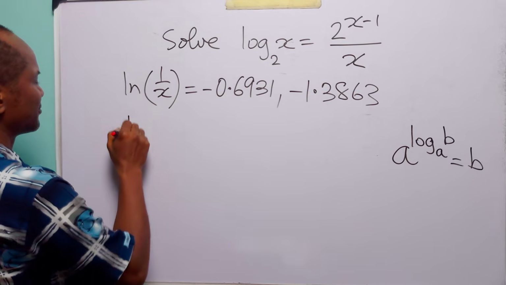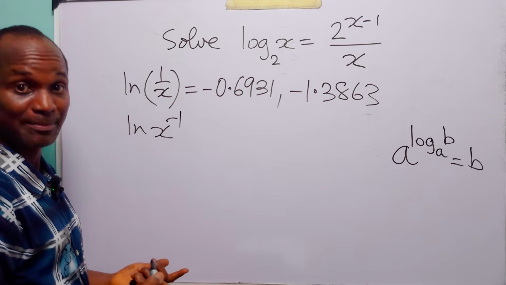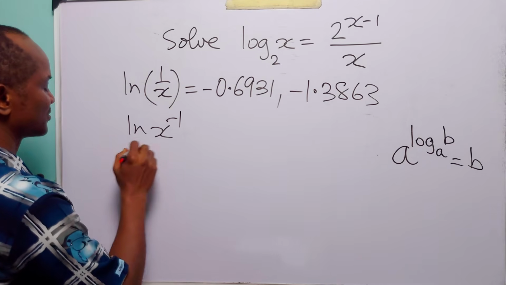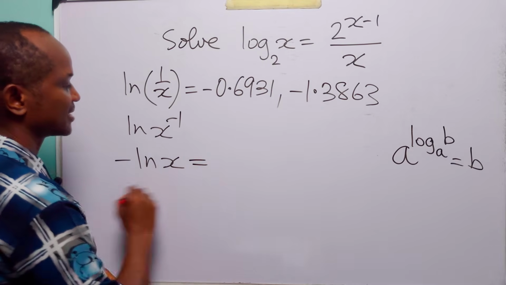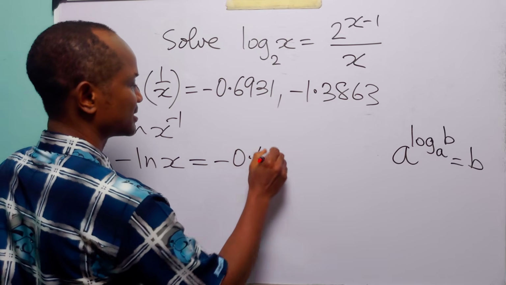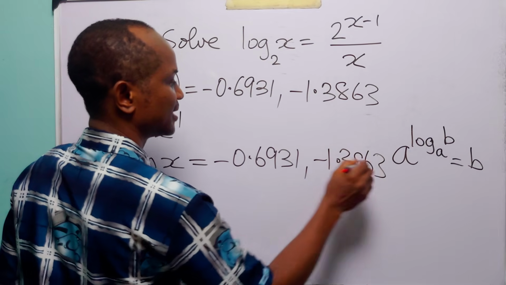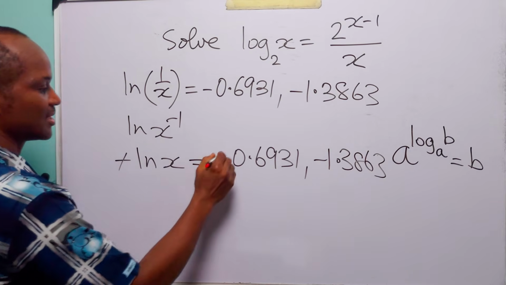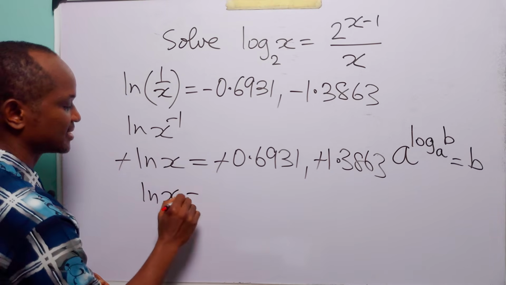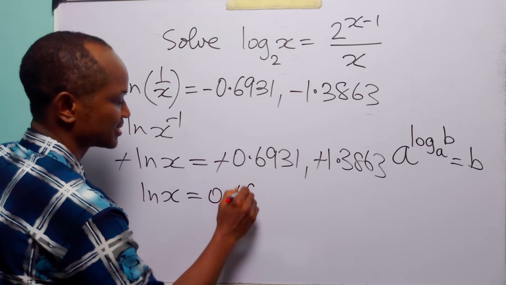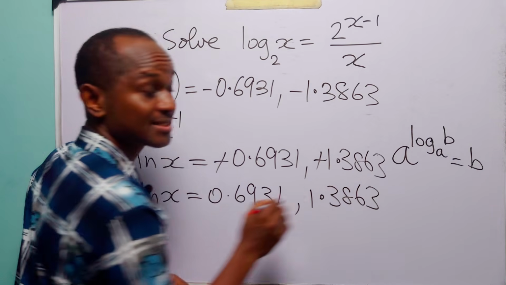And now you know that this can be written as ln x to power -1. And when we apply the power rule, this is equal to minus ln x. And this is equal to minus 0.6931 or minus 1.3863. Of course, this is going to cancel this and that. So we have that ln x is equal to 0.6931 or 1.3863.